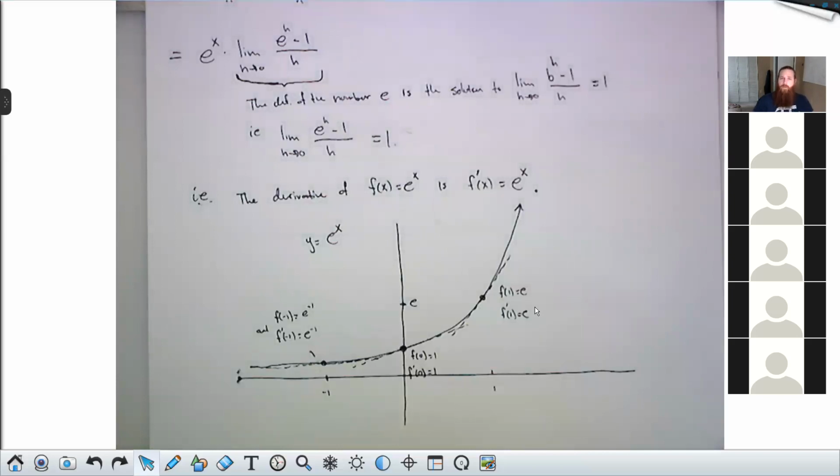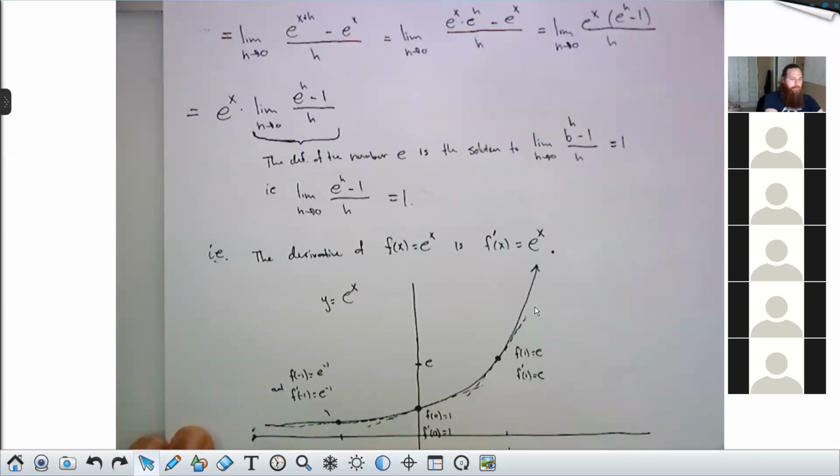So e to the x and exponentials in general are very, very nice to differentiate and hence to work with using calculus. I'm going to give you one more fact, and then I'm going to introduce some new notation.